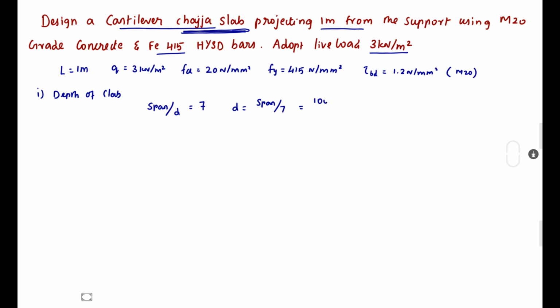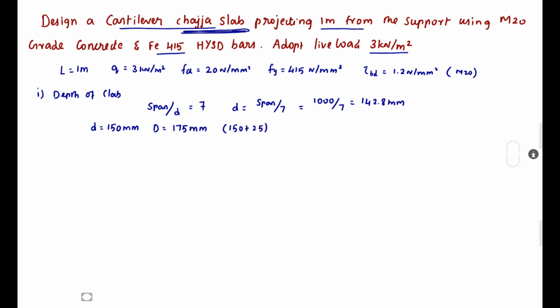So 1000 mm divided by 7, that is equal to 142.8 mm. So we can take small d, effective depth, equal to 150 mm. Now overall depth, we can provide the 25 mm cover, so the overall depth equal to 150 plus 25 mm cover, that is equal to 175 mm.